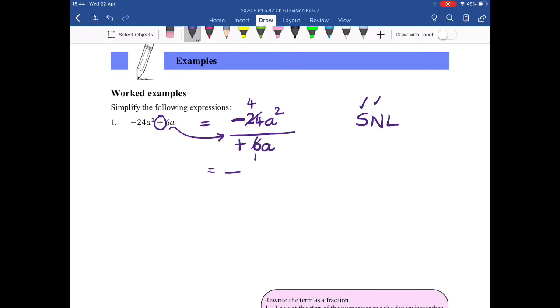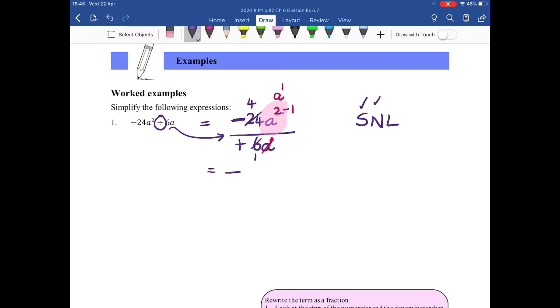Letters, right. When I am dividing in algebra, I always look to see where the biggest number of A's are, and that is going to be at the top. So I'm going to say A. Over here, I've got an invisible 1, so I'm going to say 2 minus 1, which will give me 1, so that is A to the 1, and then that also cancels.